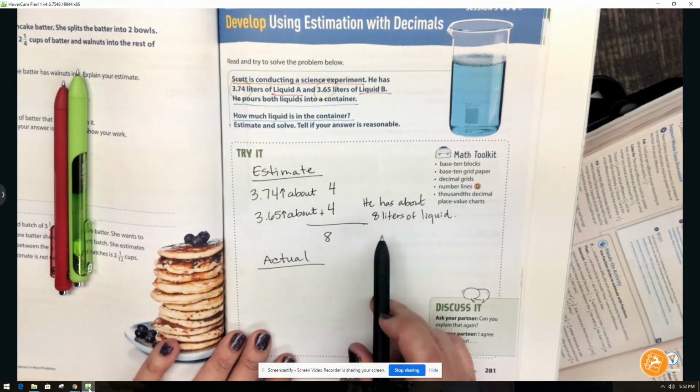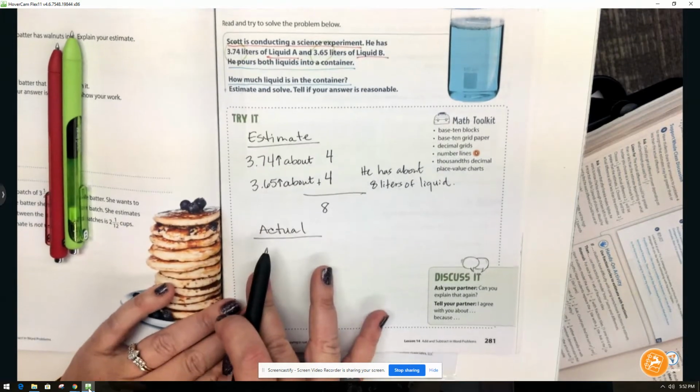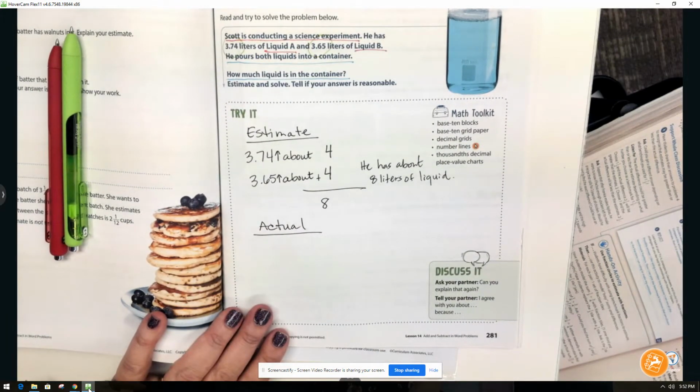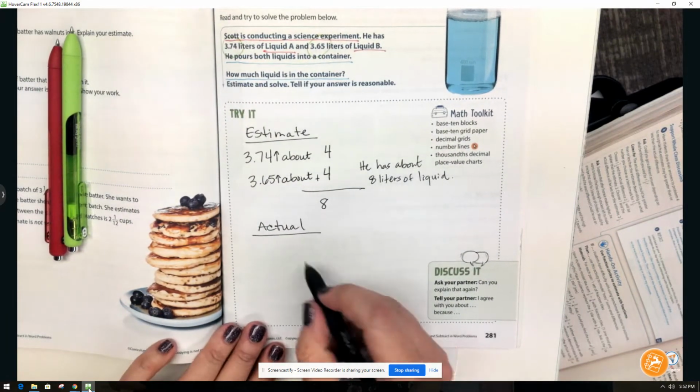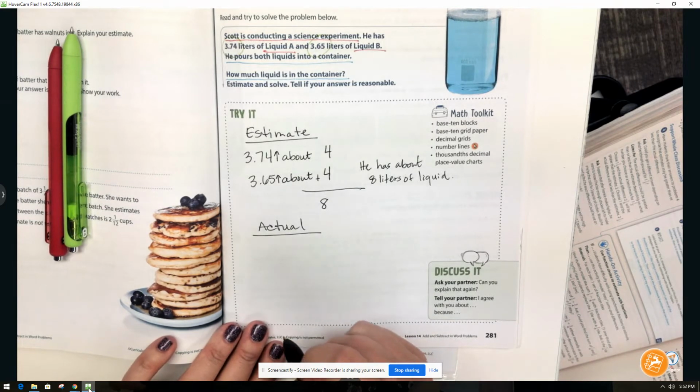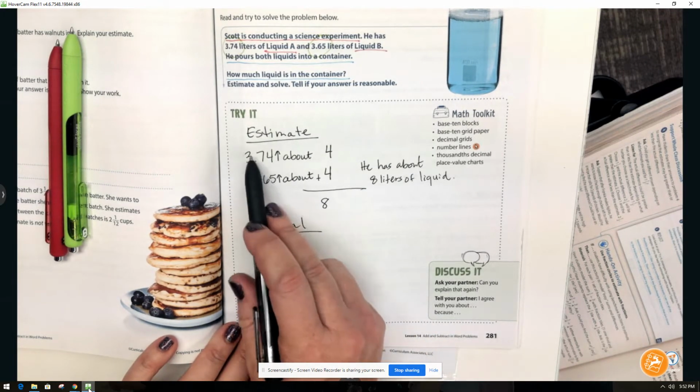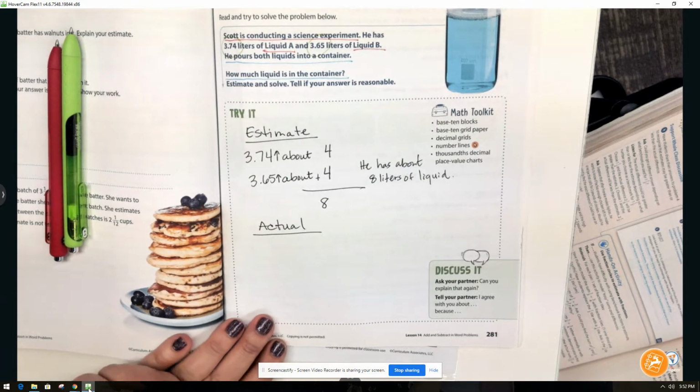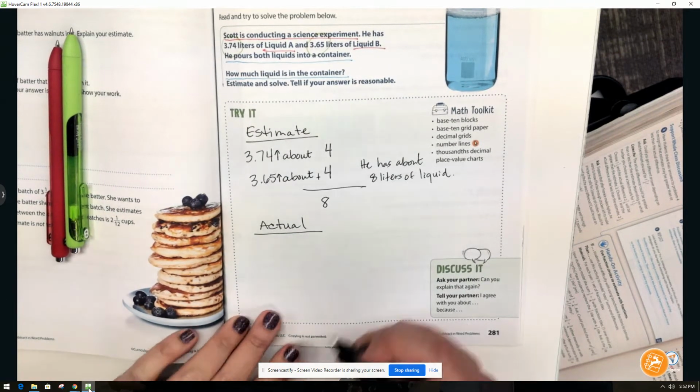This is our estimate. Now we're going to find out our actual amount to see if our estimate is reasonable. You know how to add decimals. You can use your place value chart if you need one. Otherwise, you can line up these two decimals by their place value, making sure that you line up your decimals.